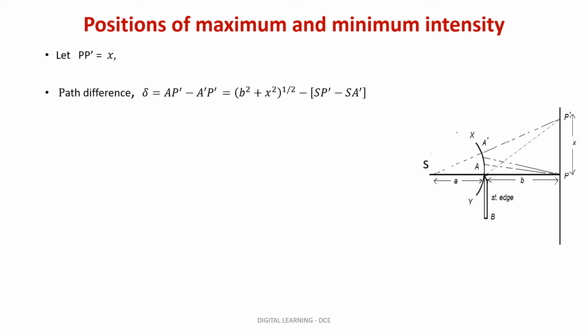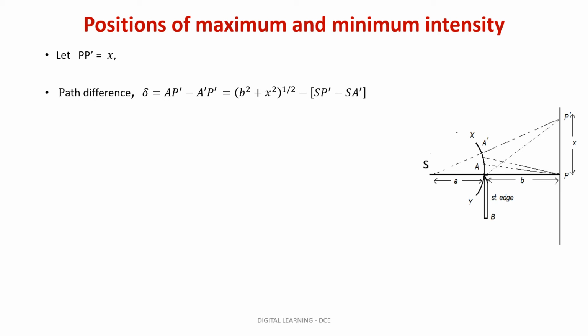In the figure, from the triangle APP dash, AP dash squared is equal to AP squared plus PP dash squared, or AP dash squared is equal to B squared plus x squared, or AP dash is equal to root of B squared plus x squared.